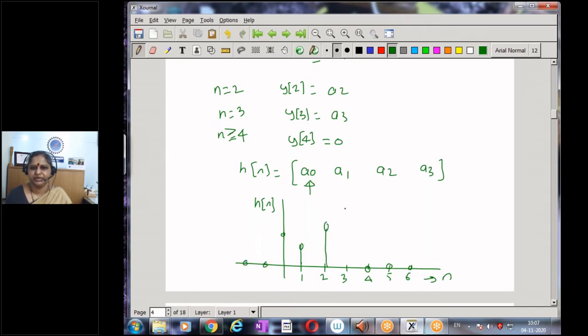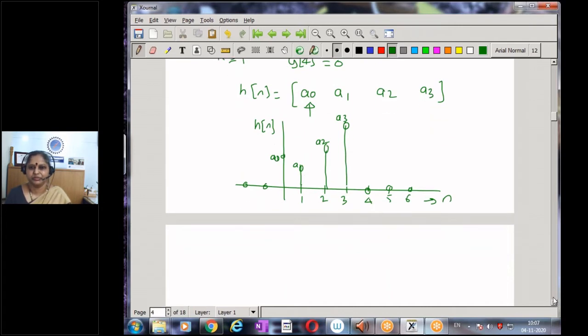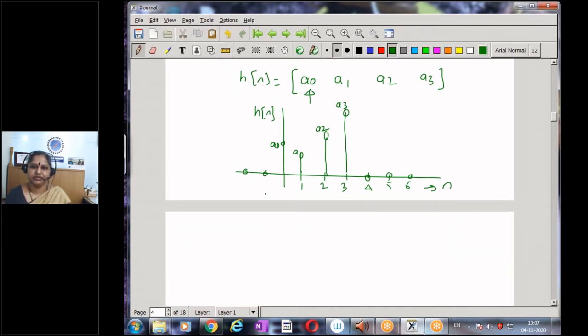Say we do not know the values. I'm just drawing a0, a1, a2, a3. This is going to be of magnitude a1, this of magnitude a2, and this of magnitude a3. It depends on the actual constants being high or low. So finally we have the impulse response in this particular case. And what is my observation in this example?